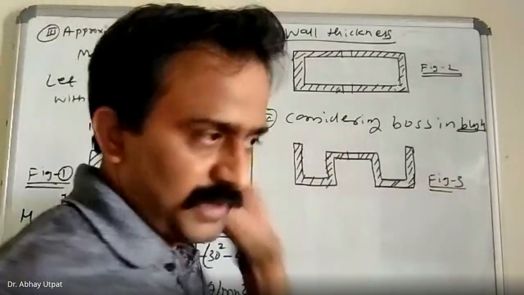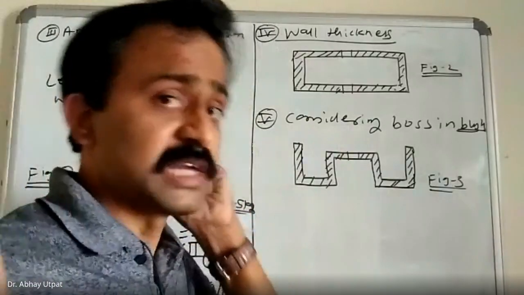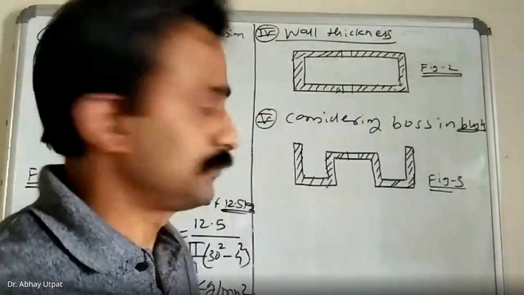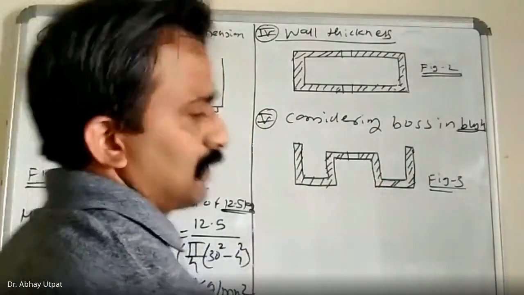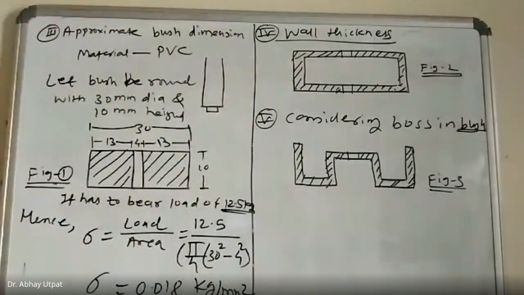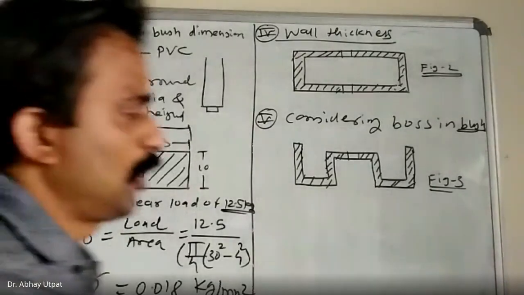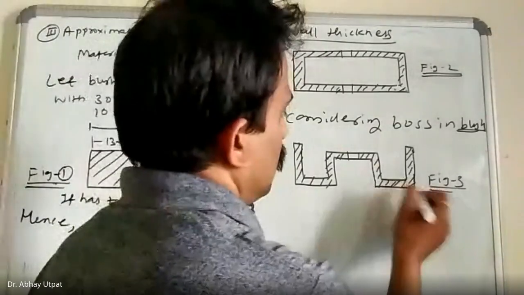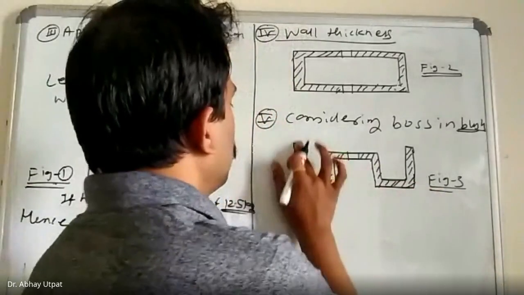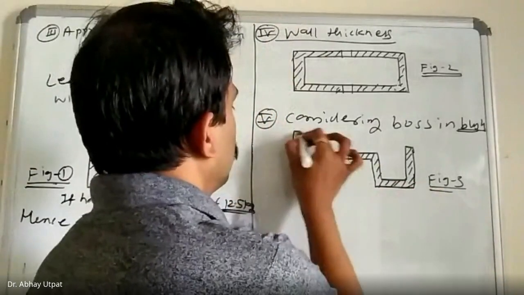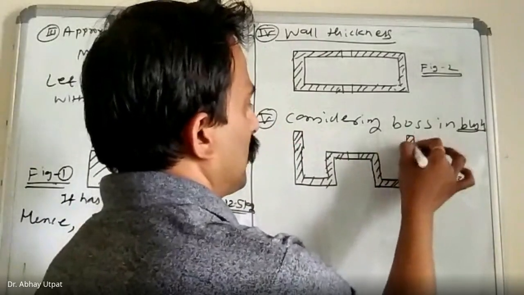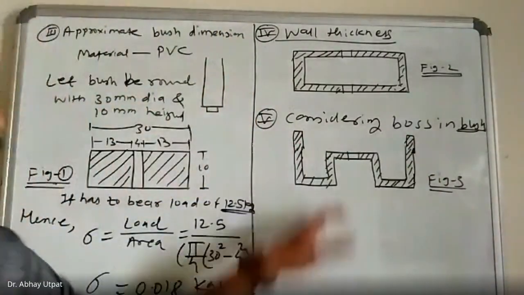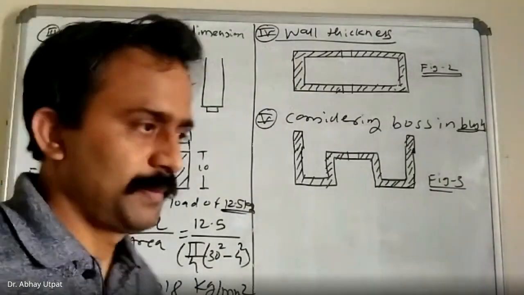Write down the statement. I hope you are writing every statement, because the statement is important. In figure 3, the parting line is not uniform. So you keep this height a little more, then you can understand. Parting line is not uniform.